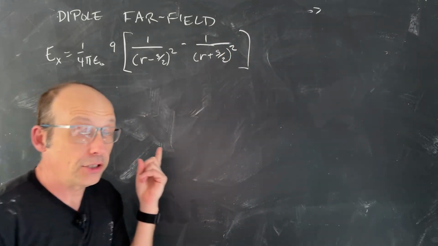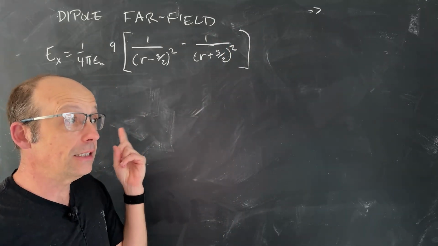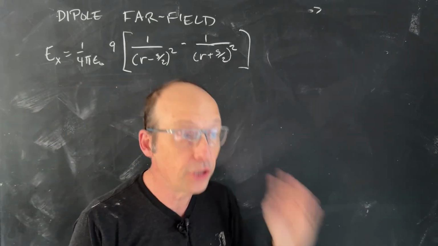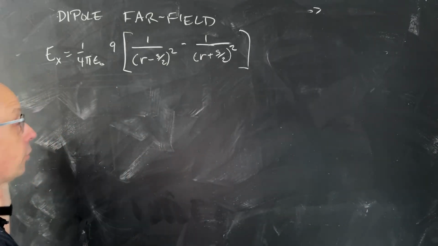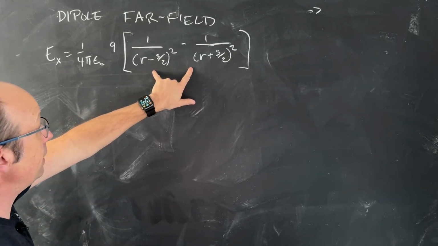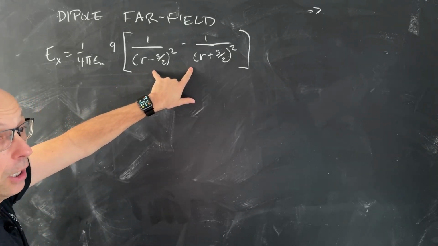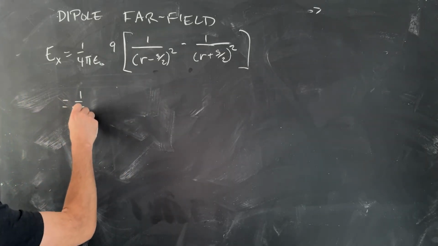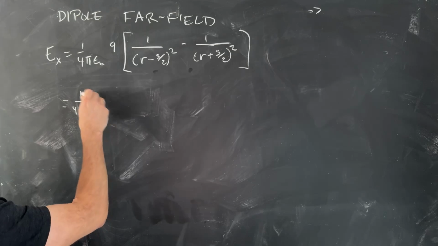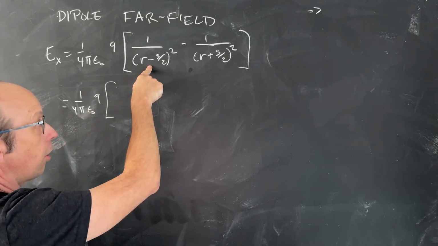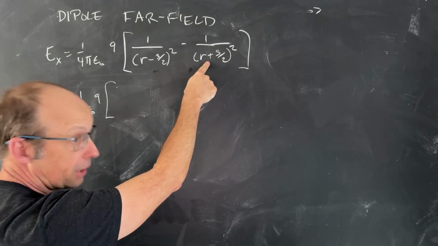Now, this is actually important because this is the exact solution. I've made no far field approximations. There's no approximations, right? I didn't do anything like that. We will do an approximation, but first, let's get a common denominator between these two. So I'm going to write this as 1 over 4 pi epsilon naught q. And so I have r minus s over 2 squared, r plus s over 2 squared.